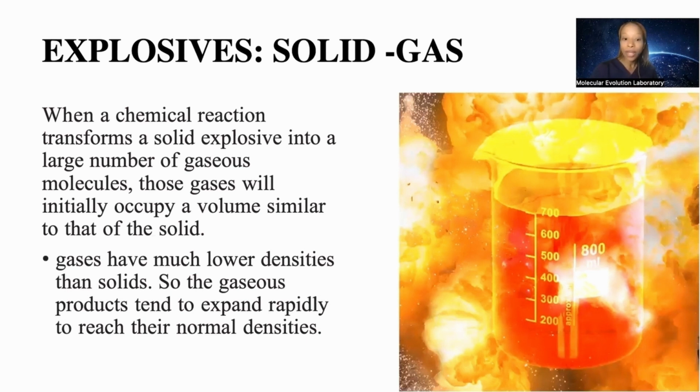Gases have much lower densities than solids, so the gaseous products tend to expand rapidly to reach their normal density, which is why explosions from solid to gas occur rapidly. So upon release, they rapidly escape to reach their natural density.